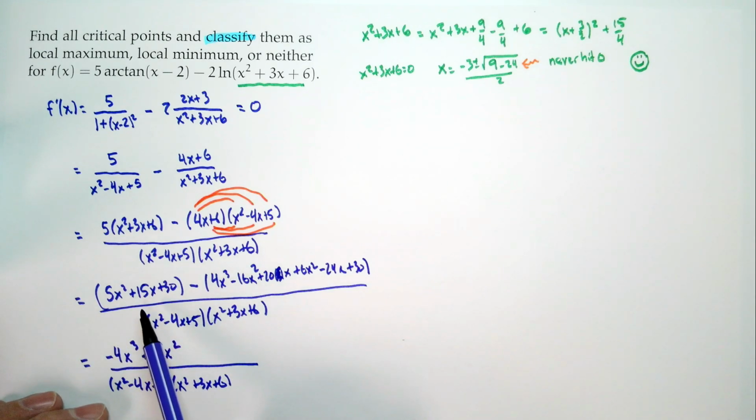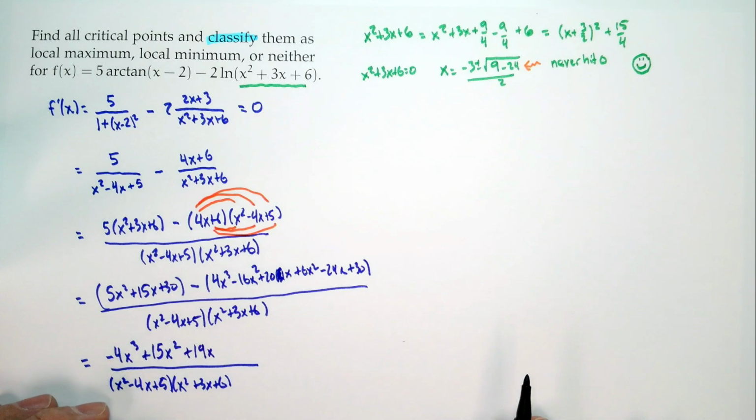How about for the x's? We have 15x there. Here we have a 20x and a minus 24x. If we put those together, that would be negative 4x. Again, we're subtracting, so that becomes a plus 4x. 15x plus 4x makes plus 19x. Last part, 30 minus 30, 0. Gone.